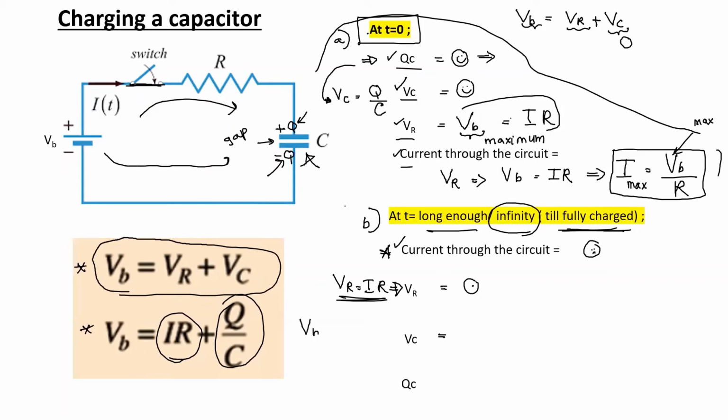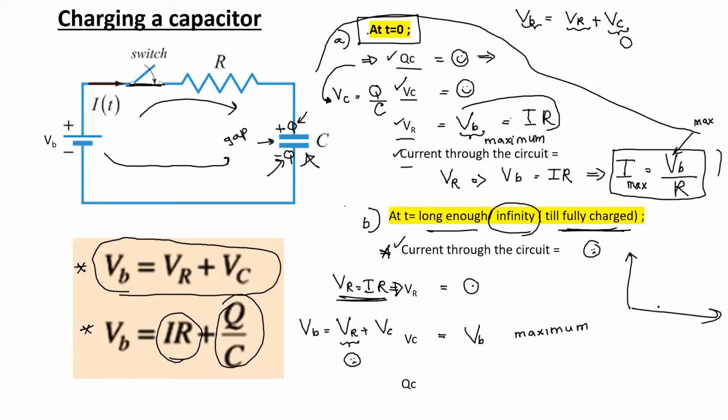You know VB is equal to VR plus VC. So we know the voltage across the resistor is 0. Because of that, the whole voltage VB is now with the capacitor. Voltage across your capacitor is now VB and it is maximum. So voltage of the capacitor becomes maximum when we wait for a long time, right?